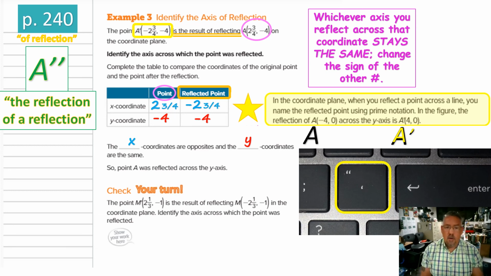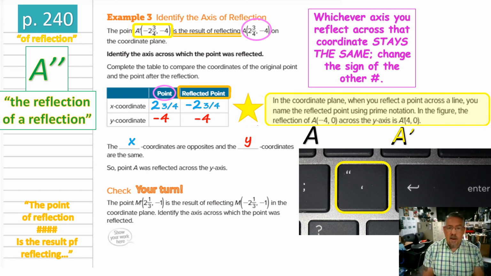All right, so see if you understood that one. Check that one down below. Come up with your answer as to which axis we are going to cross, and then see how you did. Hopefully you just looked at your 2 different points, right? When I have the reflection point of M, and I look at the x's, I see a positive 2 1/3 and a negative 2 1/3, and those are opposites.